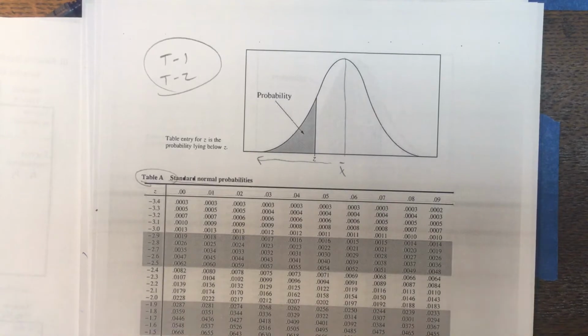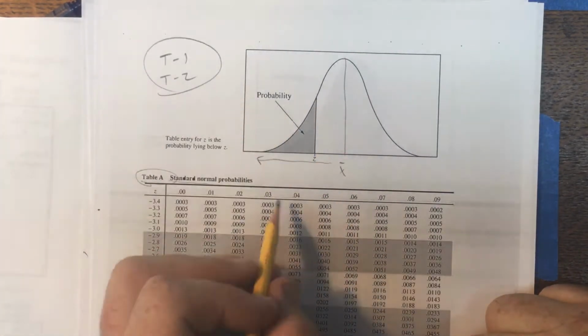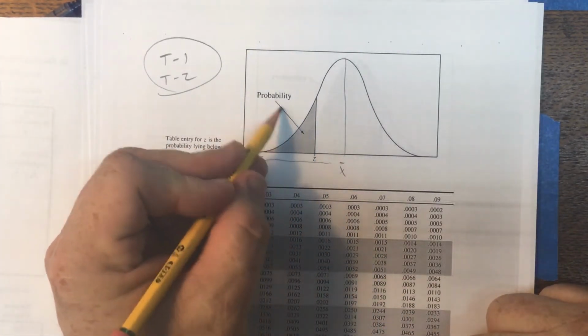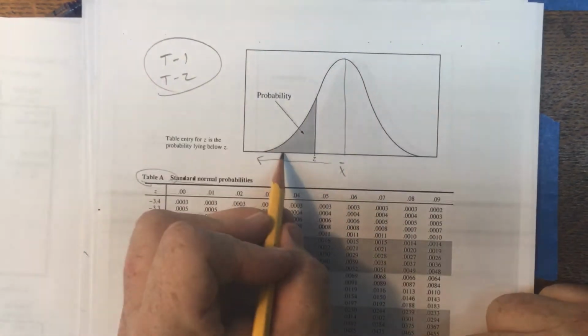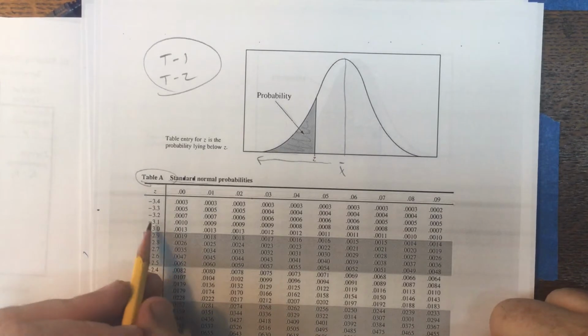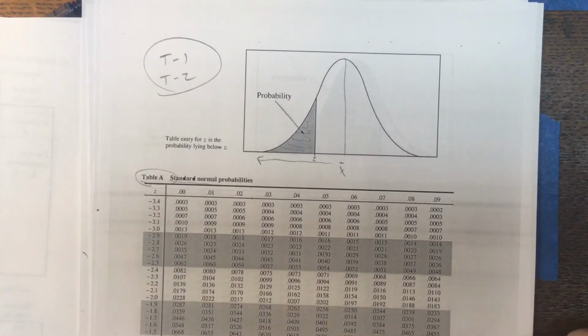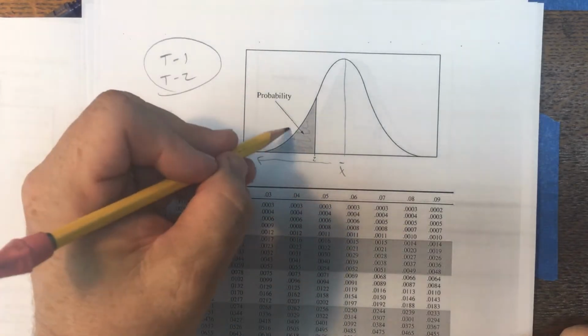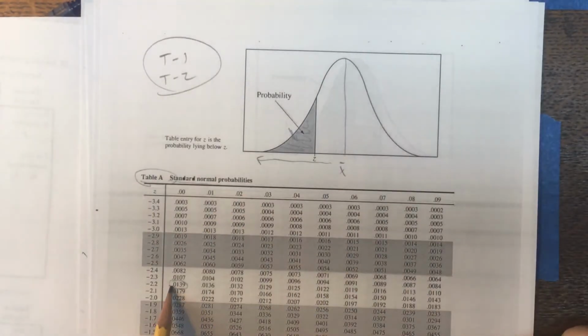Now, one of the things that you guys got to watch out for is this table only gives you the area to the left. So let's just say 2.2 z-scores away, this shaded area right here is 0.0139 or 1.39%.